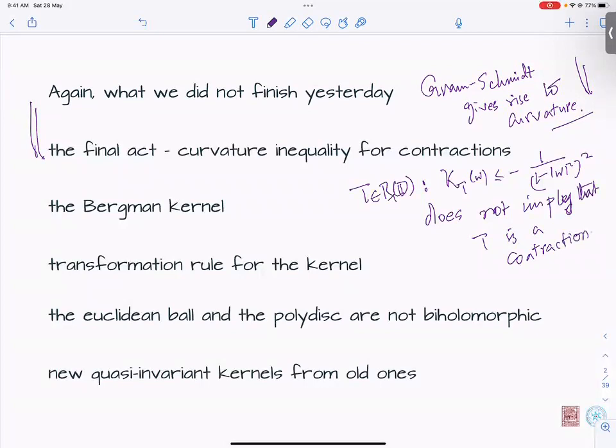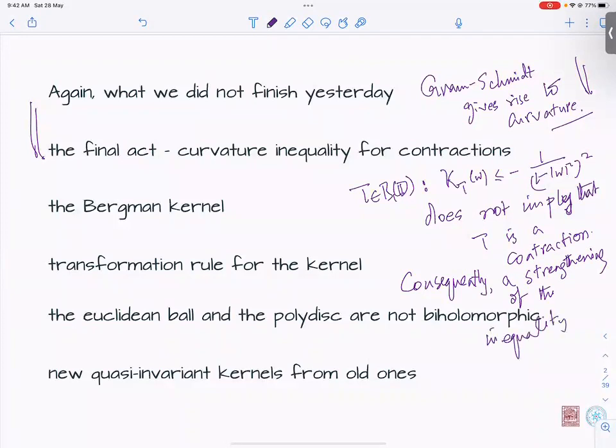Consequently, one needs a strengthening of the inequality, which may force contractility. And that is the reason why I would have liked to discuss this.